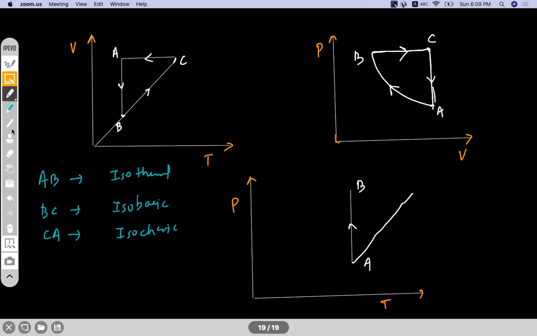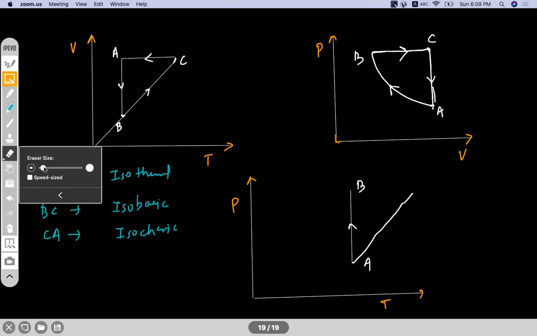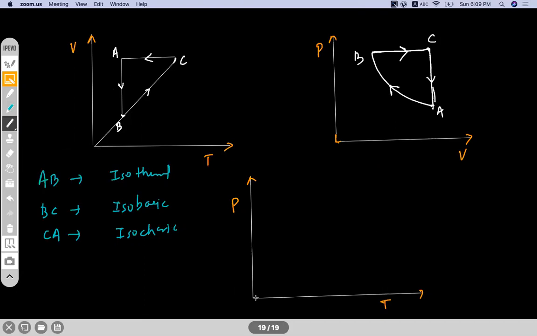I'll shift this graph on the left side. So we'll have this line. This is the graph we have. So we'll have A to B. A to B, volume decreases, constant temperature.